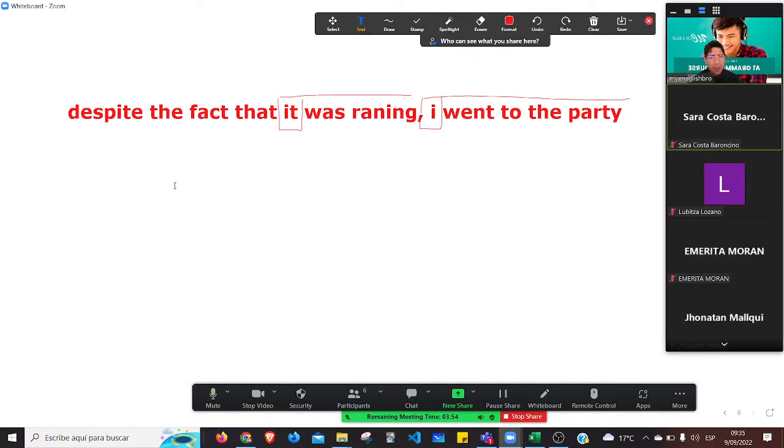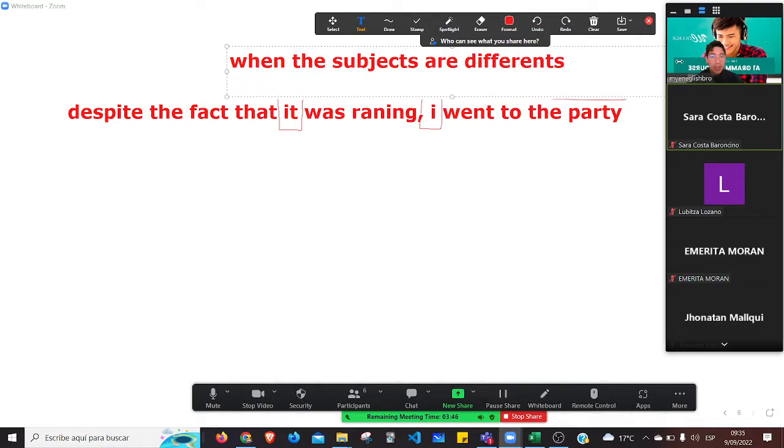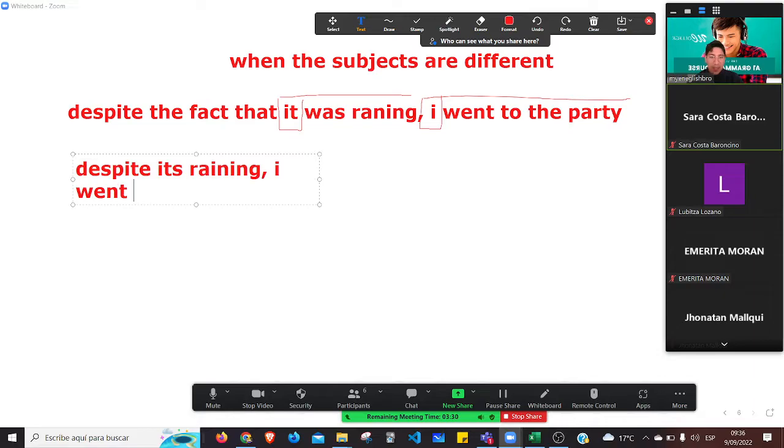But how? This happens when the subjects are different. For example, you say, despite the possessive, despite it's raining, I went to the park.